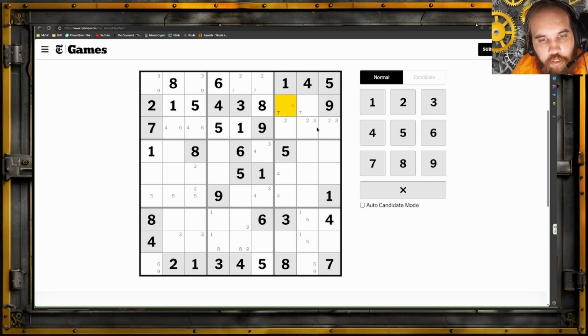That means this other 6 goes in here. It doesn't look like it's pointing at anything yet. So the last number over here is going to be 8. There is no 8 there, so we can already see. So in this box, it can only be a 2, 3, or 8 for the row, and it can't be a 3 or an 8, so it has to be a 2.